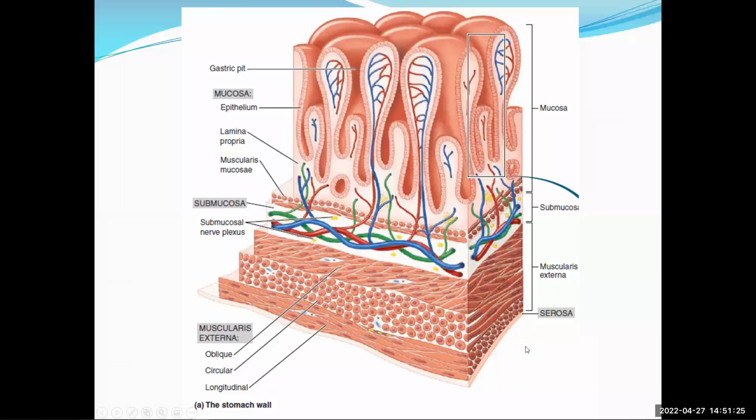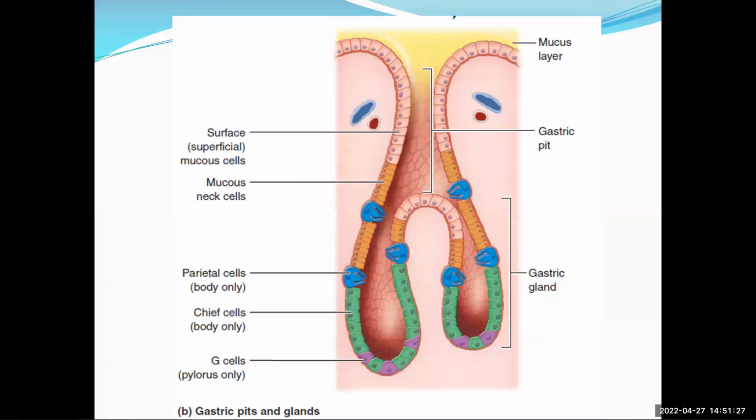This is showing the gastric pit, the chief cells, and the parietal cells, in which you have the secretion of HCl. Very importantly, mucus is secreted on the stomach lining, and that prevents the HCl from dissolving the wall of the stomach.